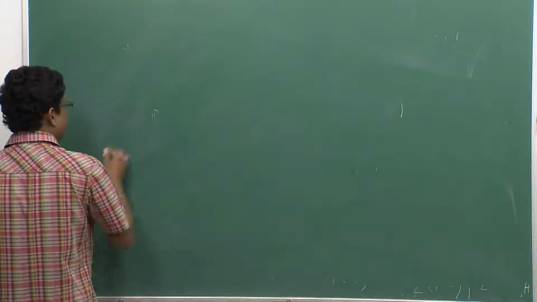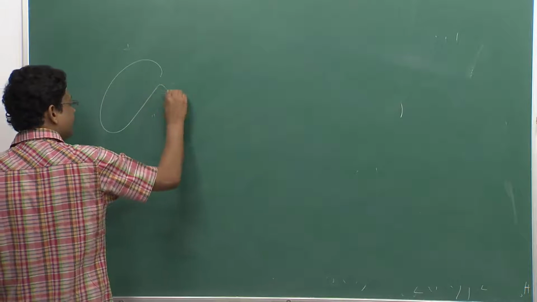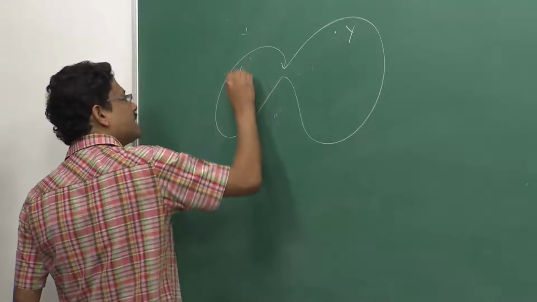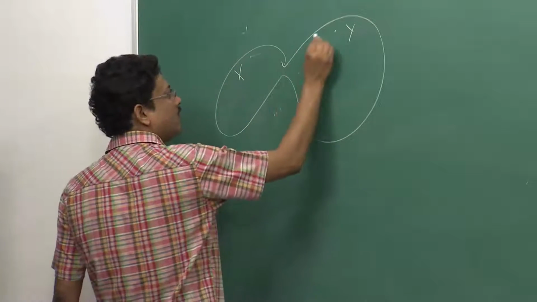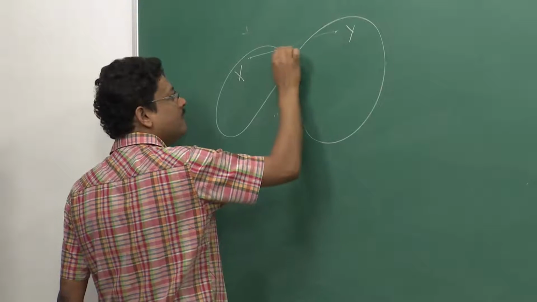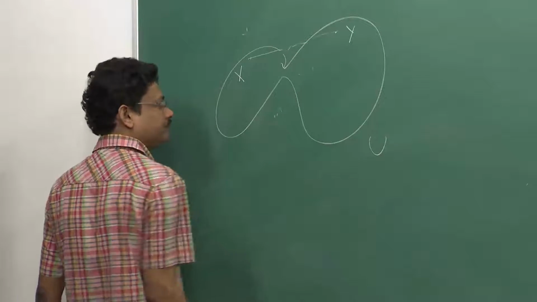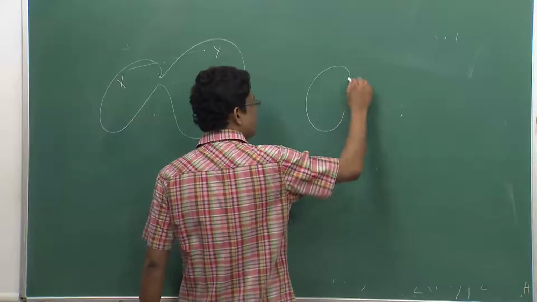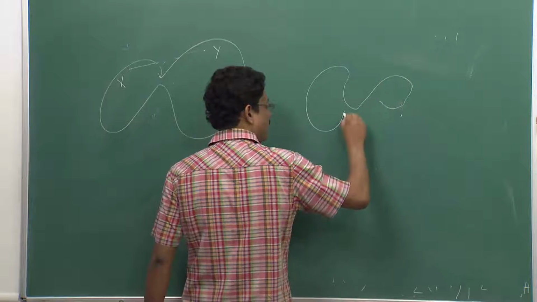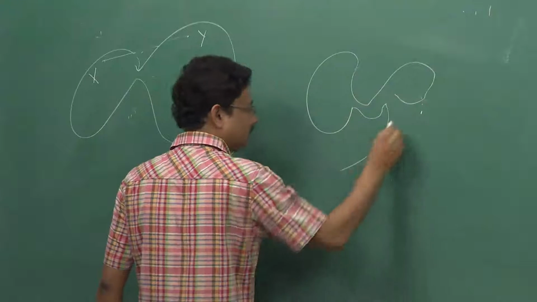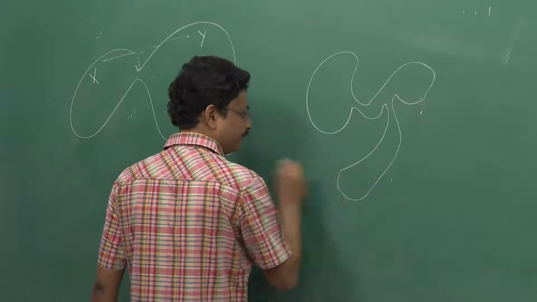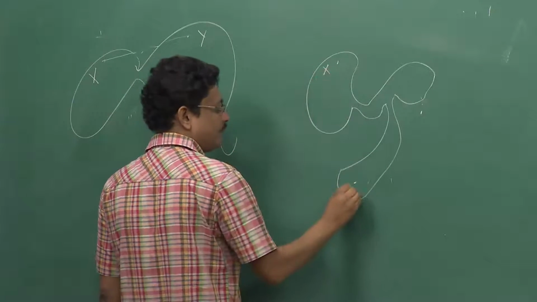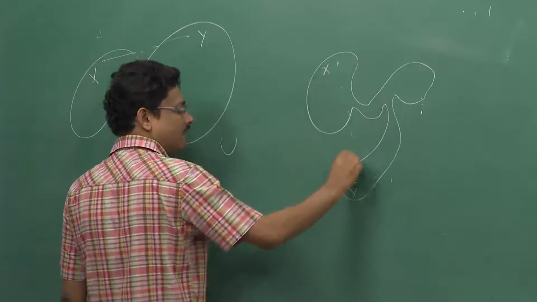For instance, if I have my U like this, and here is my y, here is my x, if you try to join it by a line, this part of the line will go outside U. Or for that matter, U is like this. Here is my x, here is my y. I cannot join x and y by a line, it will go outside.